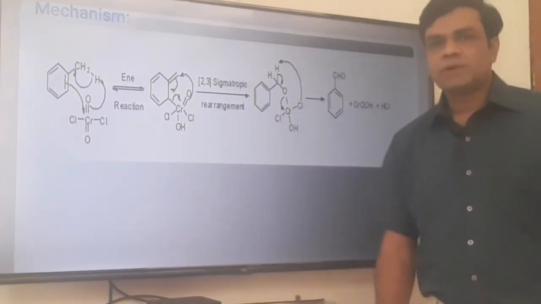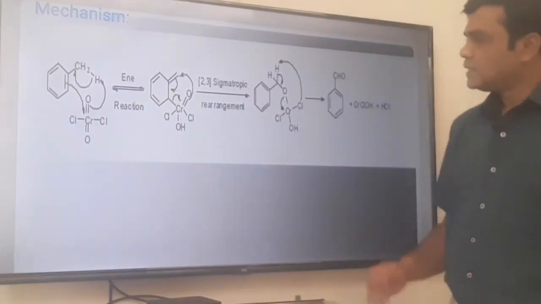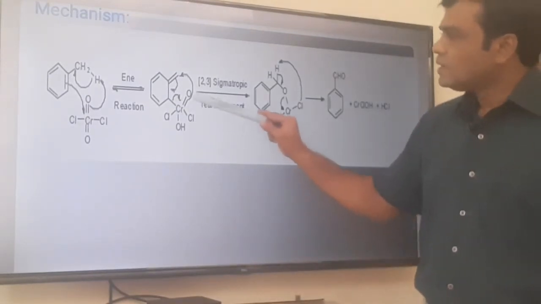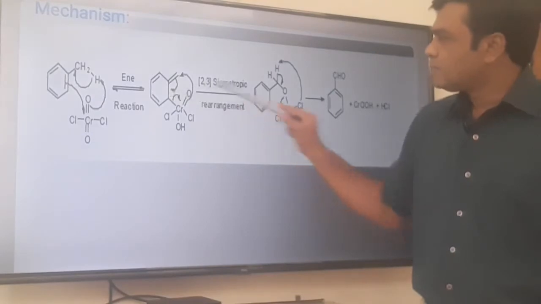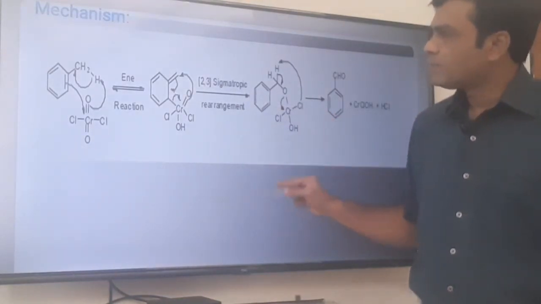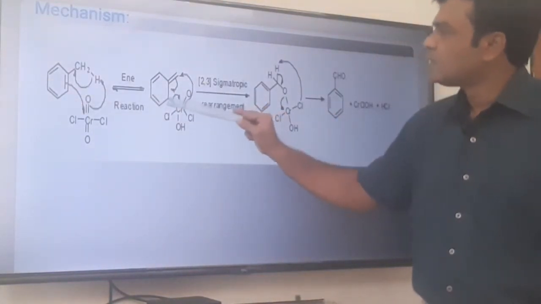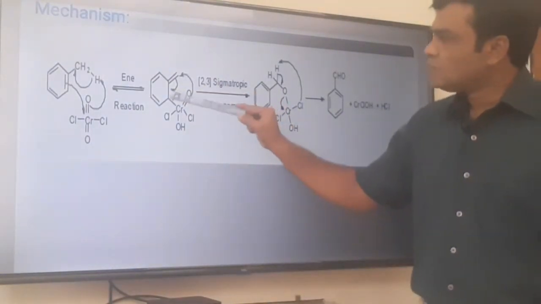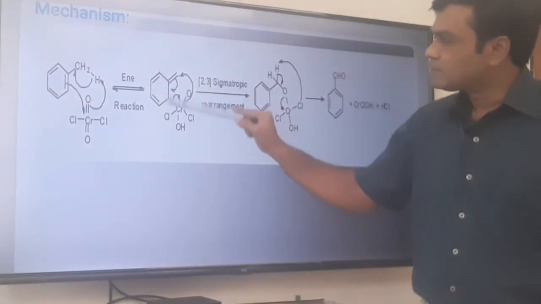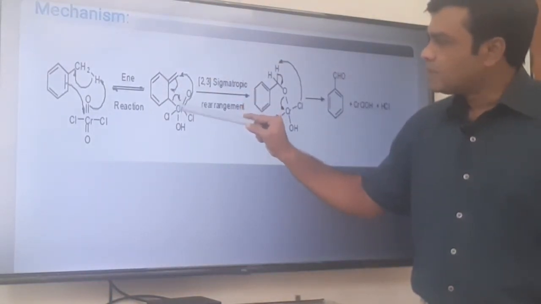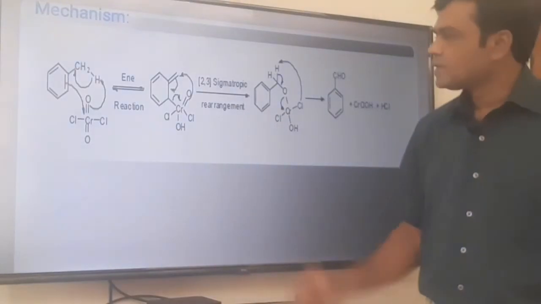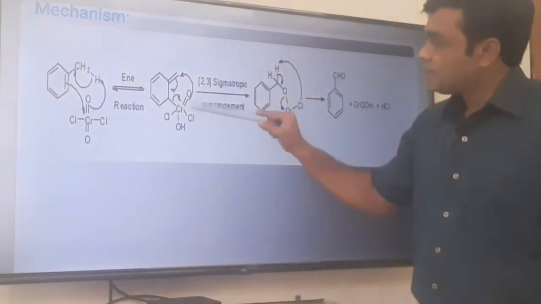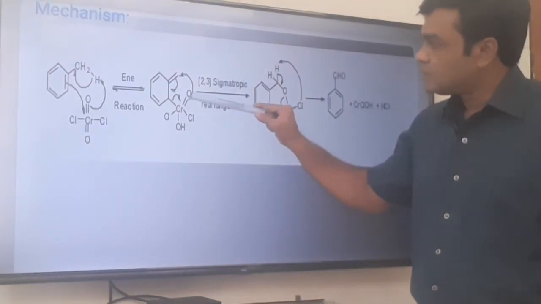After that, a 2,3 sigmatropic rearrangement takes place. It is again a pericyclic reaction. See what happens. These pi bonded electrons are shifted here. So the benzene ring is again formed because it was non-aromatic, and by shifting these pi bonded electrons it becomes aromatic again. When this new bond is formed, when the aromatization takes place, at the same time this bonded pair of electrons opens on the chromium. It means carbon-chromium bond cleavage takes place. At the same time, these pi bonded electrons open on the oxygen.